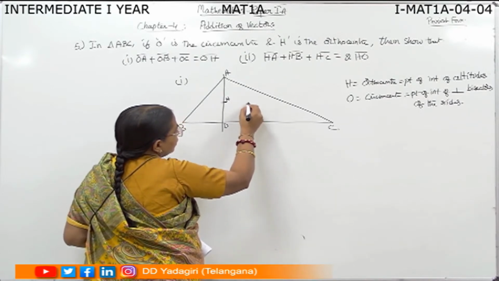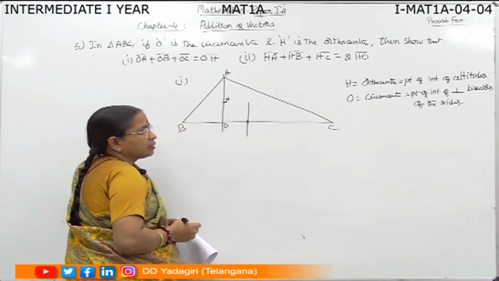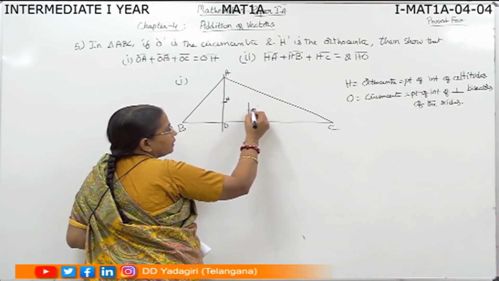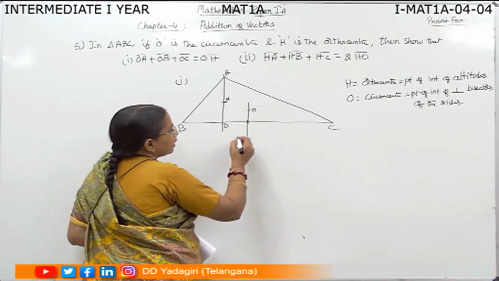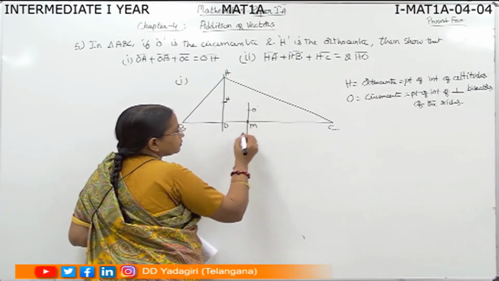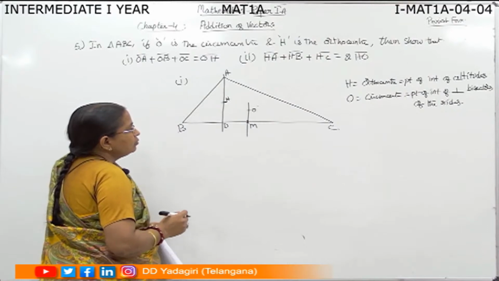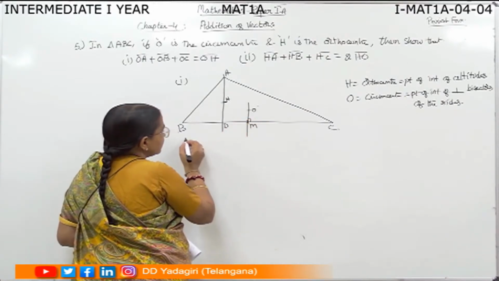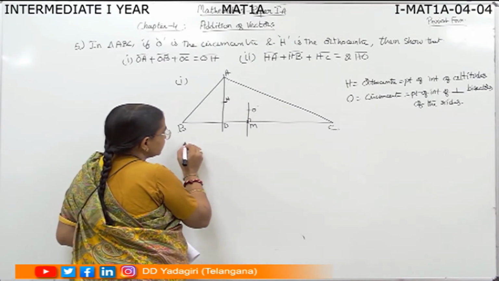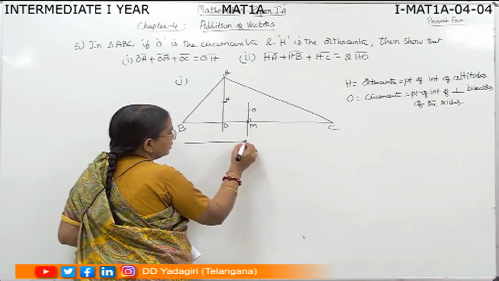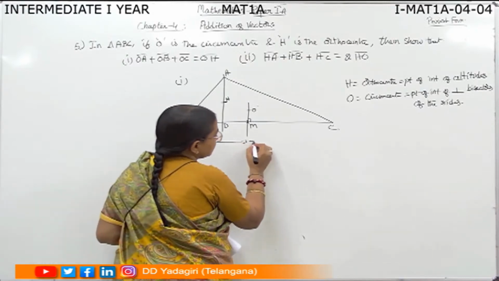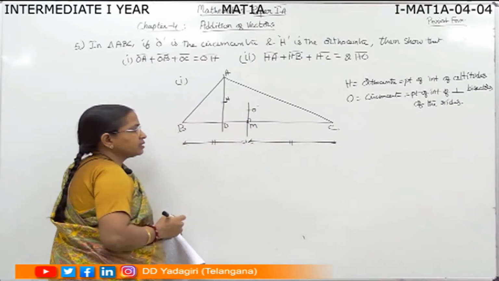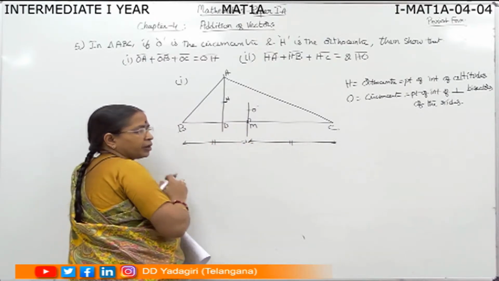This is the midpoint. So we'll take one perpendicular bisector, and the circumcenter will lie on this. So we'll take this as O, and then we'll take this as some M. Now, this is the perpendicular bisector, so this length is the same as this length. These two are equal, because M is the midpoint.